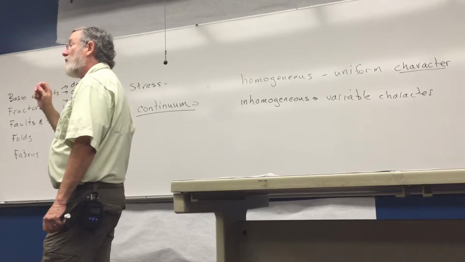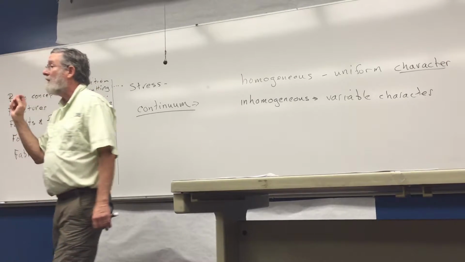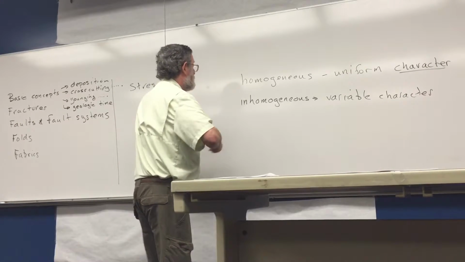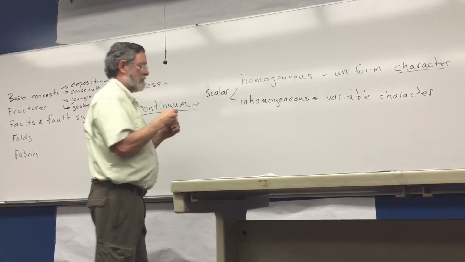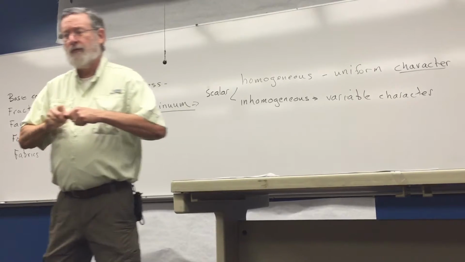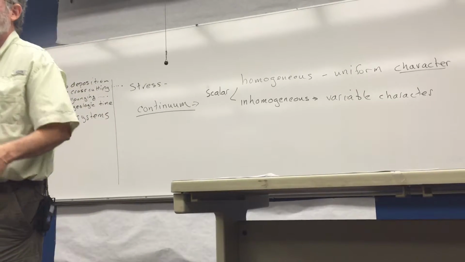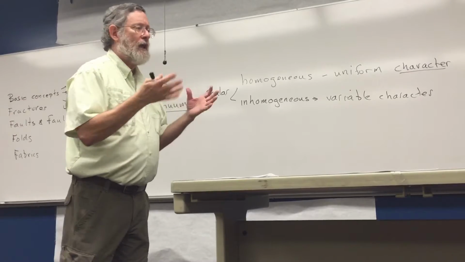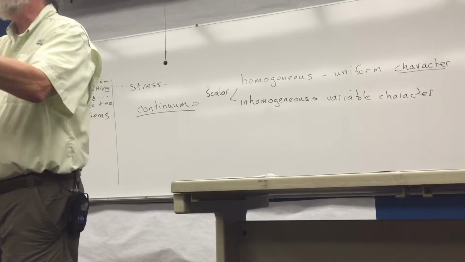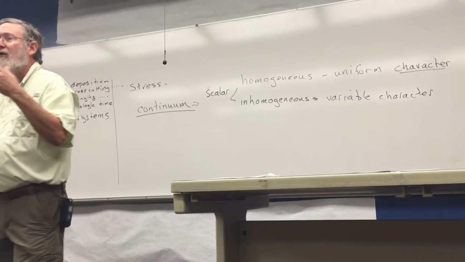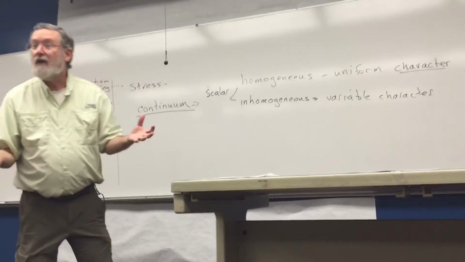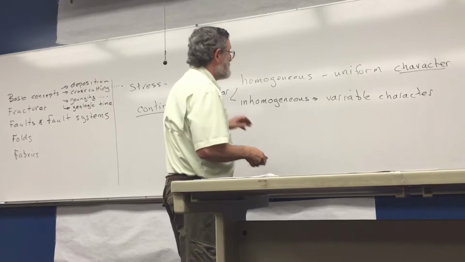This is a purely scalar entity. So we can describe this as scalar in nature. It's just a value. If we wanted to, we could have a value at a point, a value at some coordinate system, or we could just treat it as a scalar entity, scalar quantity.